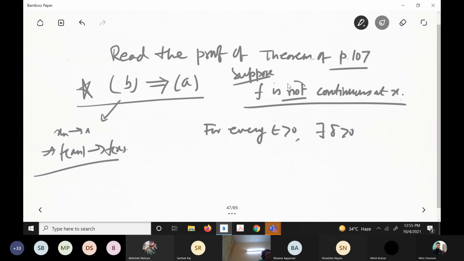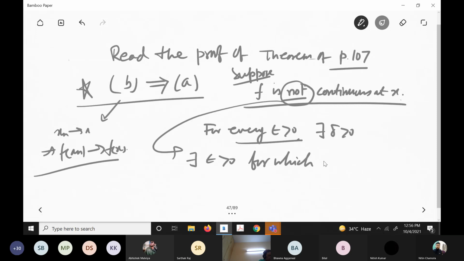Now if I say not, that means for at least one epsilon it fails. So there exists an epsilon greater than 0 for which no such delta works.